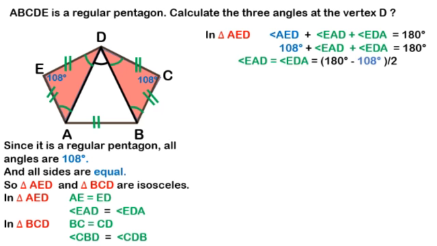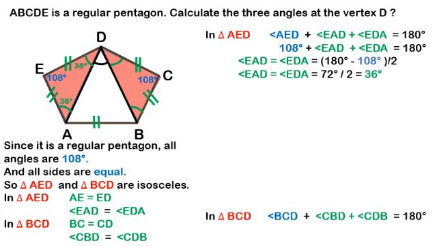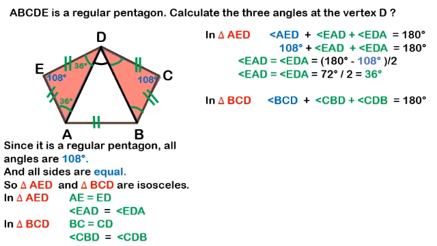So we can write angle EAD equals angle EDA equals (180 degrees minus 108 degrees) by 2. That is 72 by 2, that is 36 degrees.